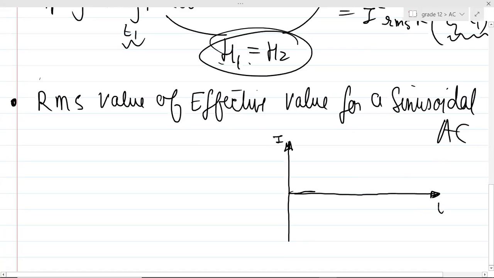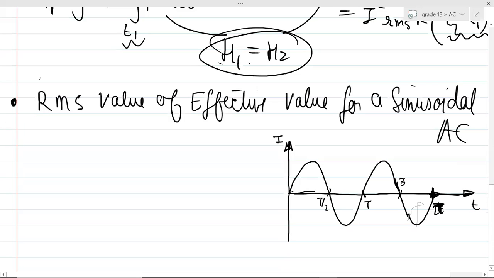This is the current and this is the time, and it goes like this, then this, then this. This is 2T, capital T. This is T, this is T by 2, and this is 3T by 2, right?